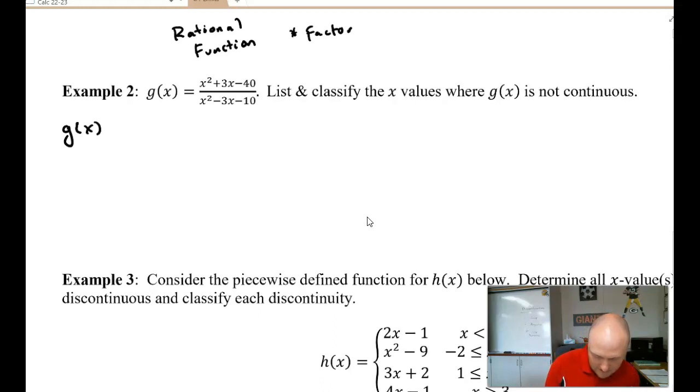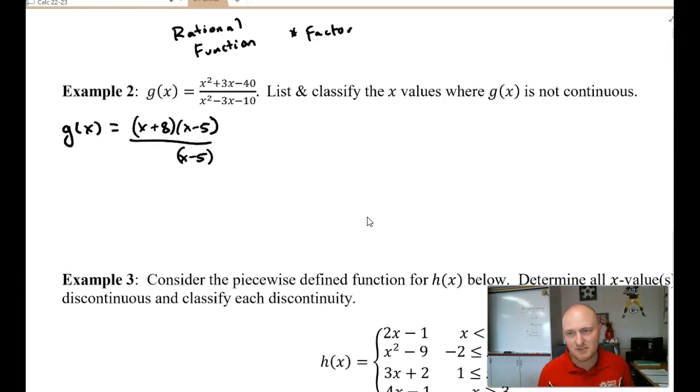In the numerator we have x squared plus 3x minus 40, that's 8 and 5. A difference of 3 will make the 8 positive and the 5 negative. So x plus 8, x minus 5. Then I'll factor the denominator, minus 10. Well, I definitely want an x minus 5. I'm just knowing these problems, right? One of these factors is going to match.